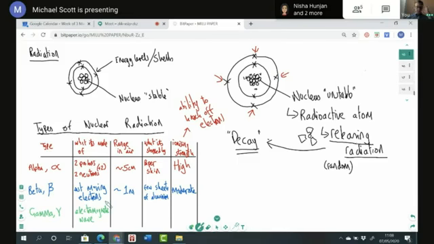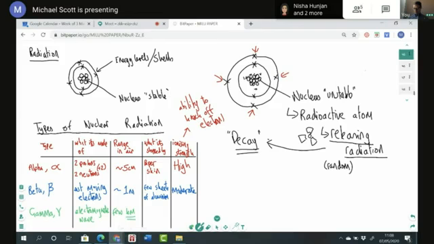Now, gamma has the biggest range in air out of all of them, because gamma can actually travel a few kilometers. Okay, so a few thousand meters gamma can travel in air.